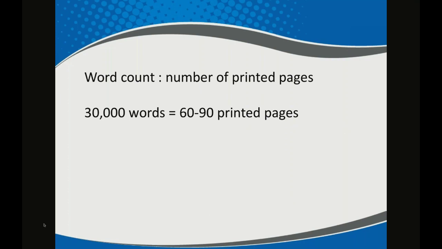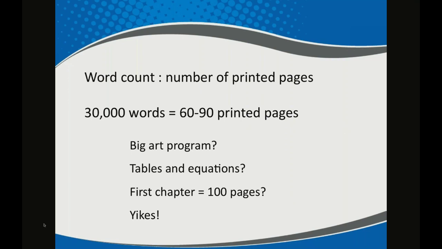However, for a book with a big trim size, say something like a big human anatomy and physiology textbook or major biologies, when you start adding in a serious modern art program with complex figures, tables, and equations, you could be looking at that first chapter being close to 100 pages. Now you see the value of this calculation. It might be your first inkling that your 25-chapter textbook is going to be maybe about 2,000 or 2,500 pages long.